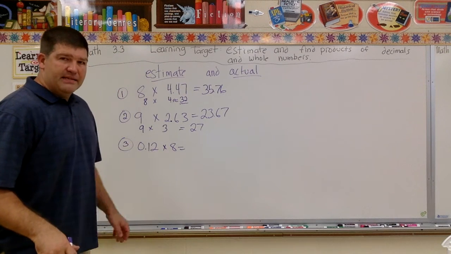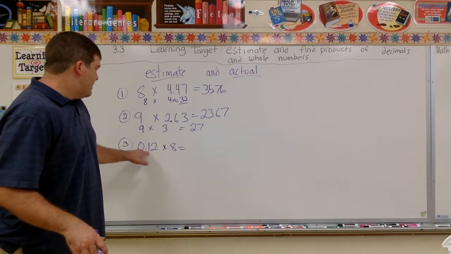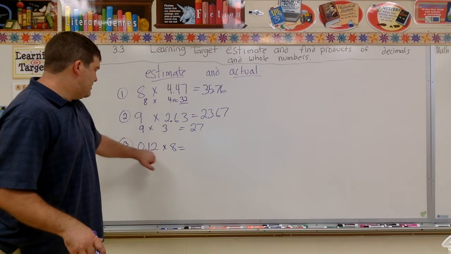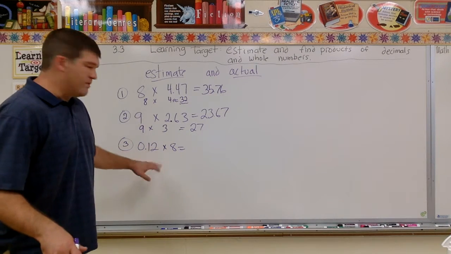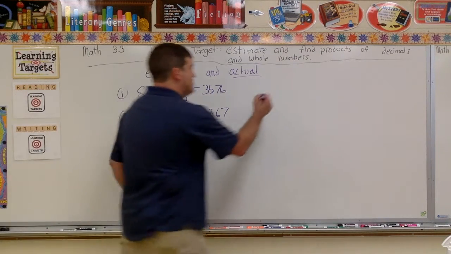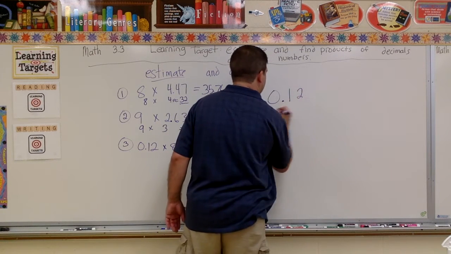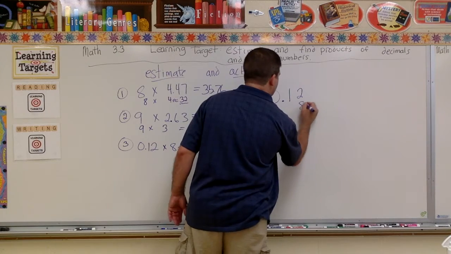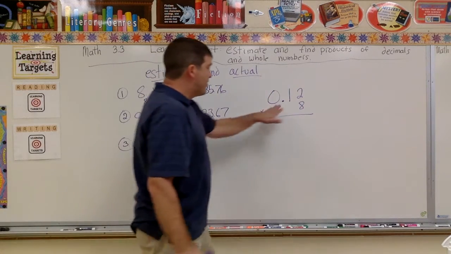0.12 times 8. Okay. This one has 3 digits. I might, well, you know what? I am going to use the 0 right now on this one. But 3 and 1, so I'm going to put the 0.12 times 8. Okay? Now, forget about the decimal.